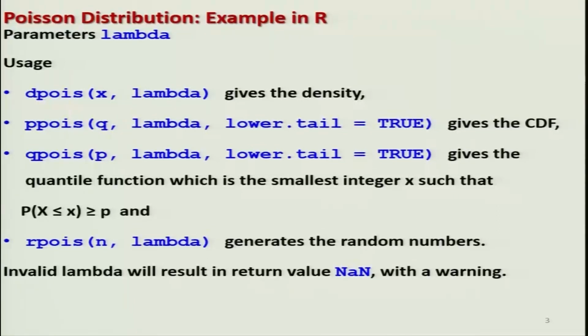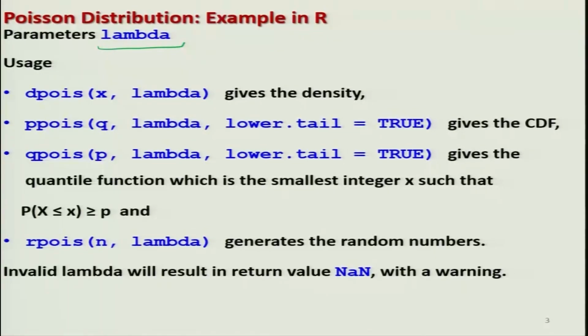Now in R, we will once again consider the same type of job that we did in the case of the binomial distribution: we would like to compute the density, CDF, quantiles and random numbers. Here the parameter lambda is written as L A M B D A, all in lowercase alphabets.